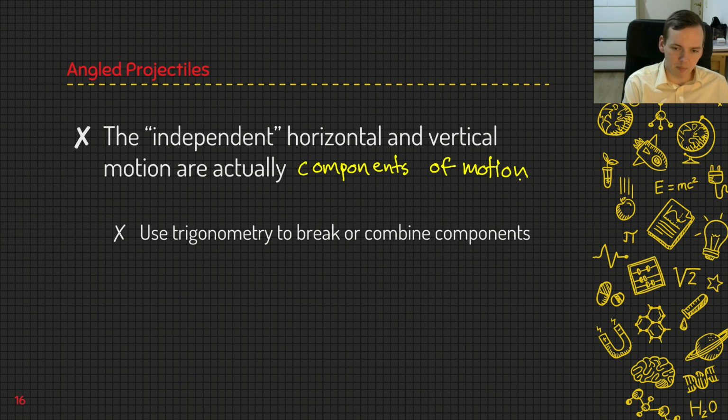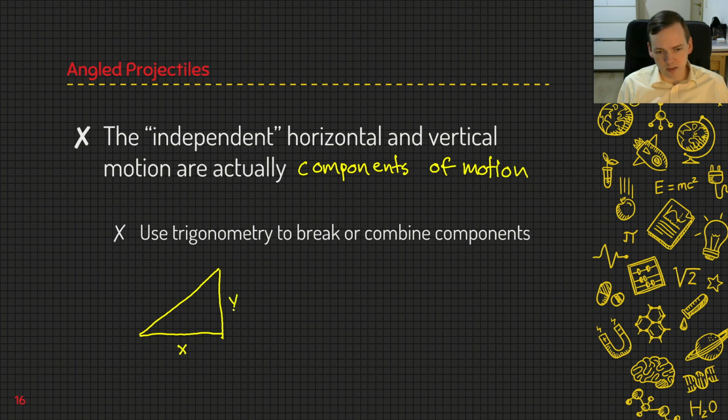So if we're dealing with components, we can use trigonometry. Your most basic example is this right triangle, where this is our x quantities, this is our y quantities. We'll have some angle, and this is the sum, or the actual value.